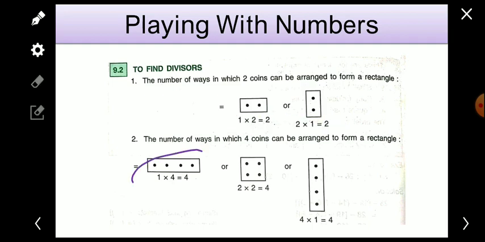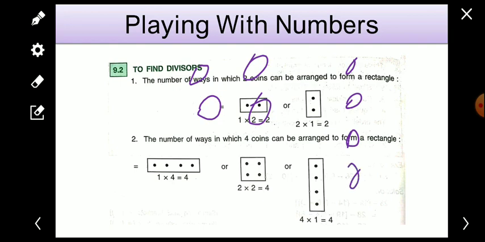If 4 are given, then we can arrange in three ways: 1 into 4, with 1 1 1 1 like this, or 2 into 2, where we put 2 and then 2, otherwise 4 into 1, where at a time 4 are put in one column.